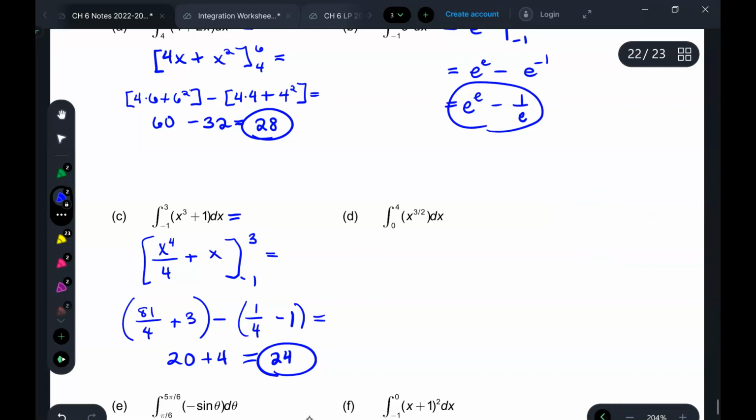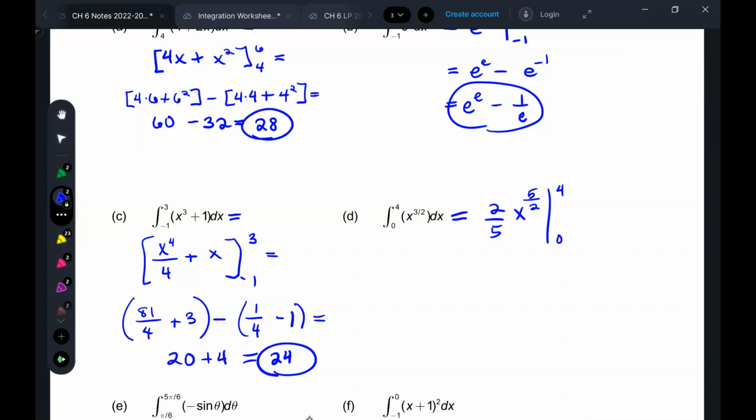x to the 3/2, so let's see. So 5 over 2, so x to the 5/2 over 5/2, or multiplied by 2/5. Okay, so 2/5. Just a reminder with rational exponents, the bottom is the root and the top is what you take it to the power.